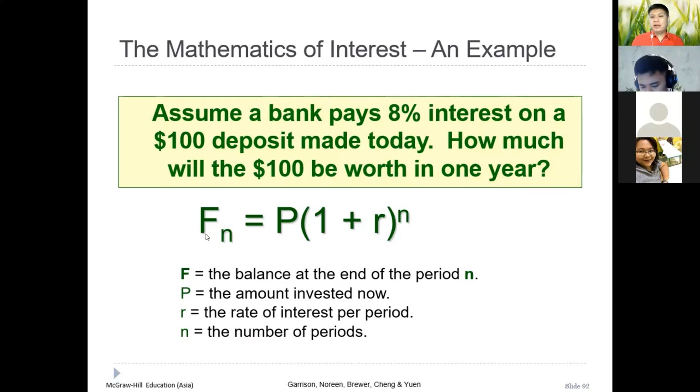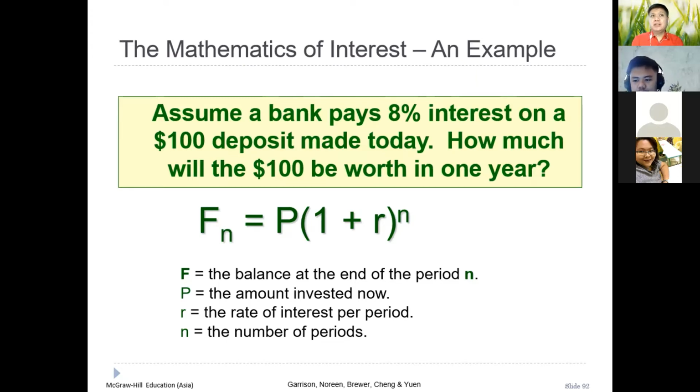What's the future value? It's the principal plus the interest, for example, 8%. What's 8% of 100? $8. So how much is your future value? 100 plus 8, that's 108.